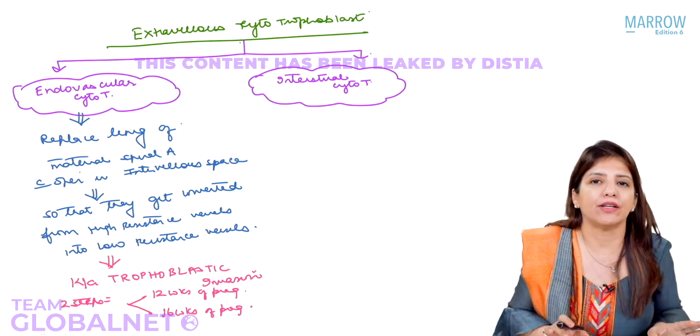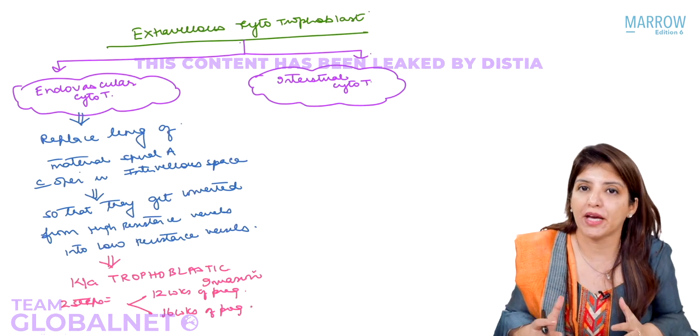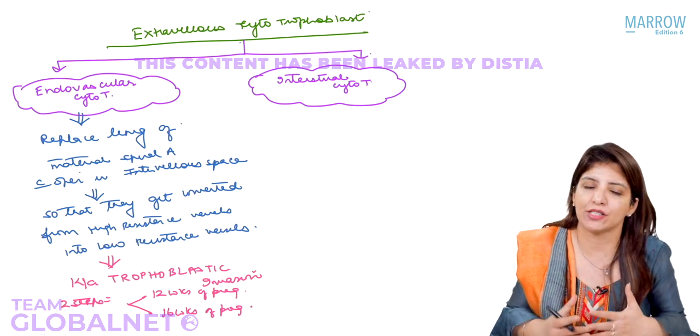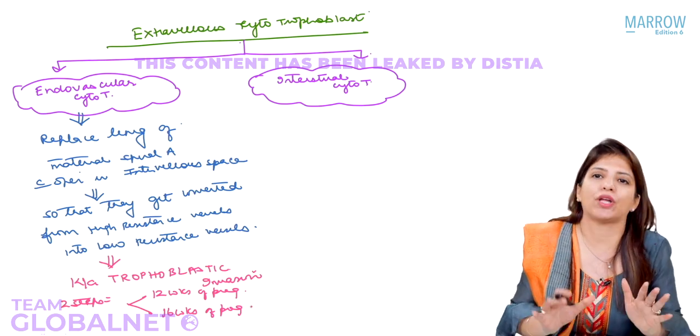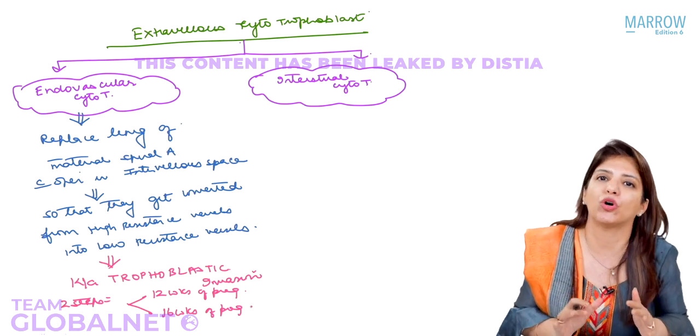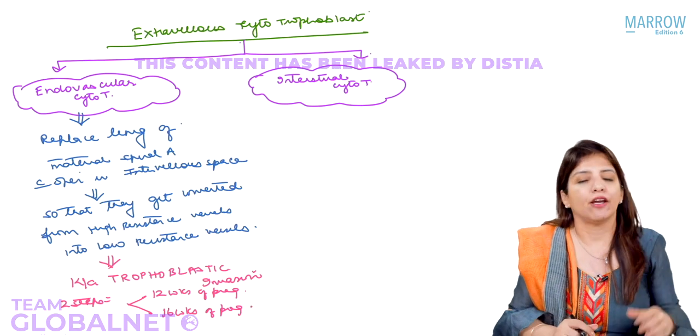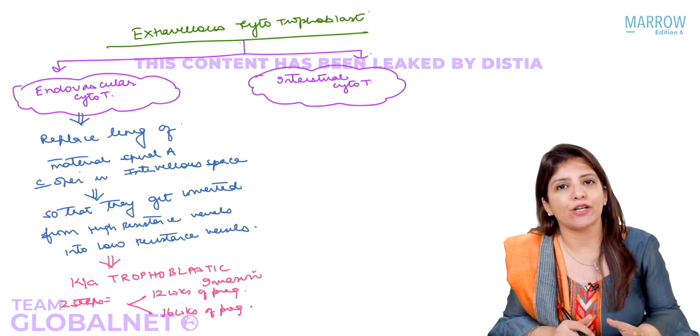You will understand this when I teach you more about PIH, and when I talk to you about placenta, you will understand this more. As of now, you should write it so that it is there with you whenever you want to refer to it, right? Now, what is the role of interstitial cytotrophoblast?